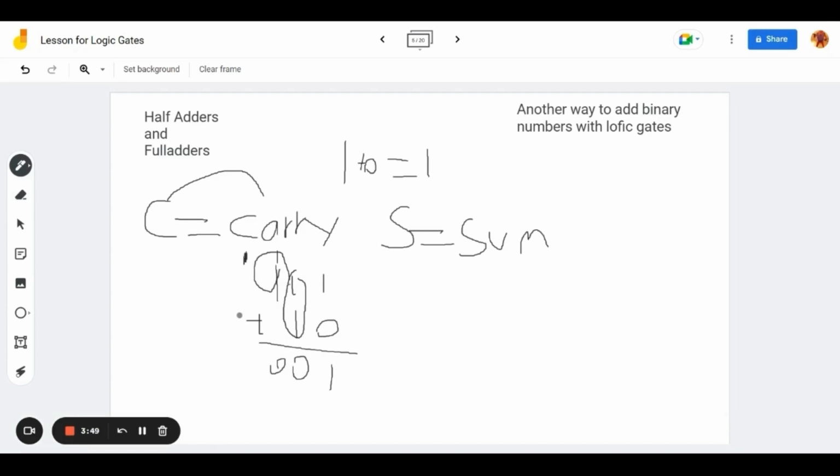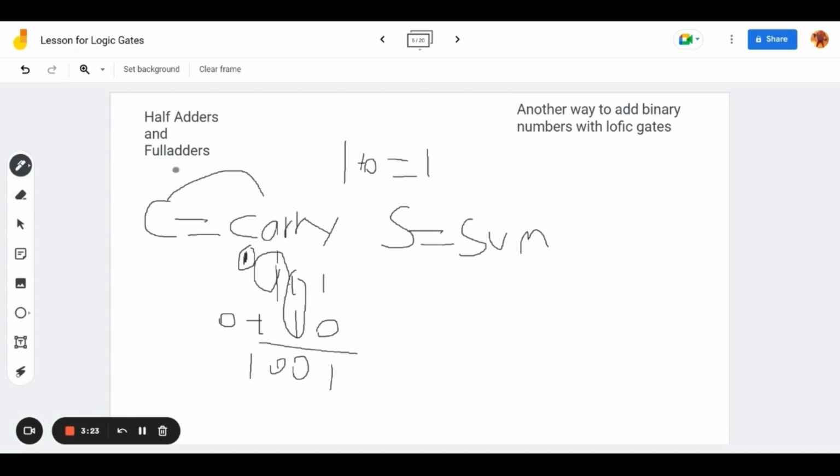Because there's no value here, we immediately think of it as a 0, and so the answer is 1001. As you can see, the sum here is the actual addition between them. In the first row, the sum here is 1. In the second row, the sum here is 0. The third row, the sum here is 0. But the fourth row, 1 plus 0 equals 1. So the sum here is 1. And the carry is this value that's being carried on.